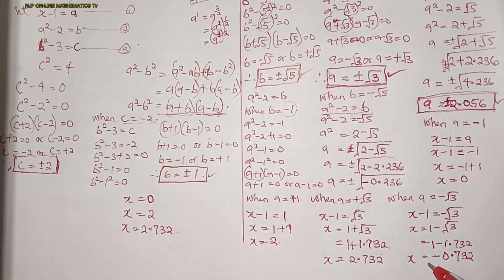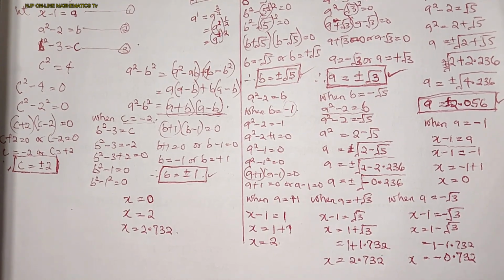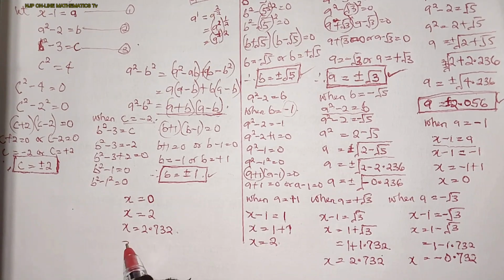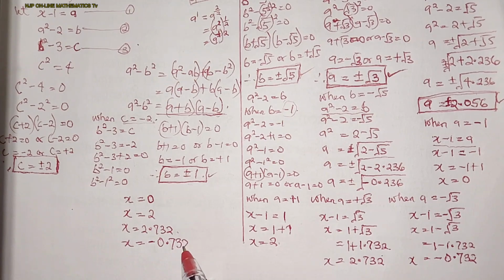This is another value of x that we have just obtained. So now we have to say that x equals negative 0.732. This is the fourth value of x.